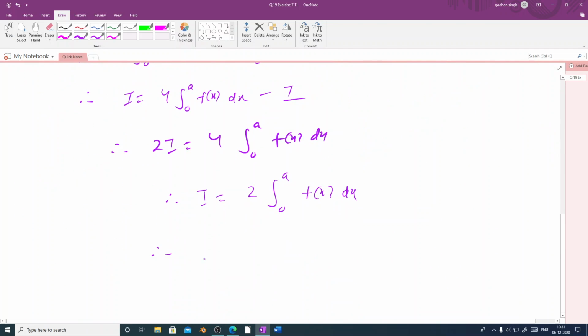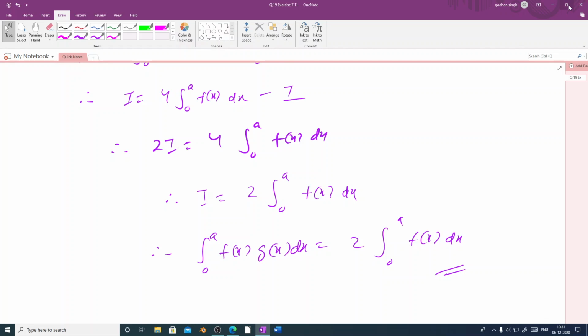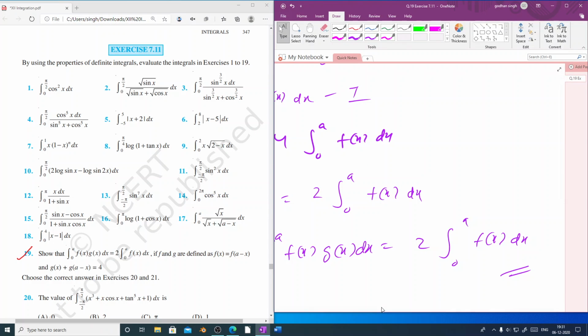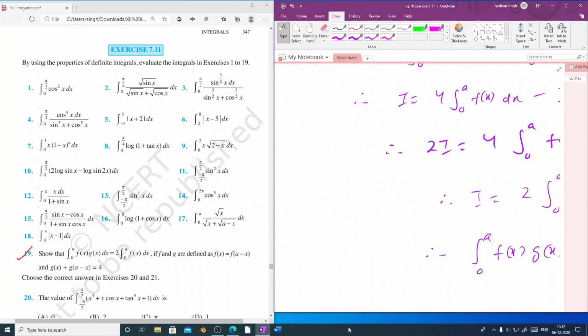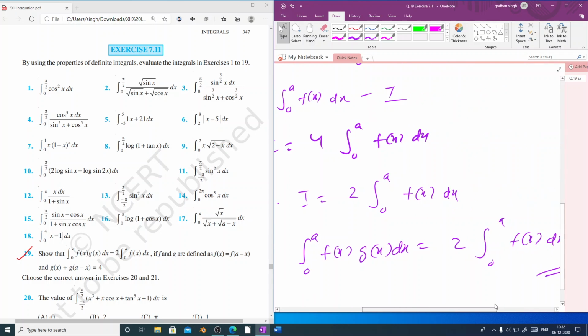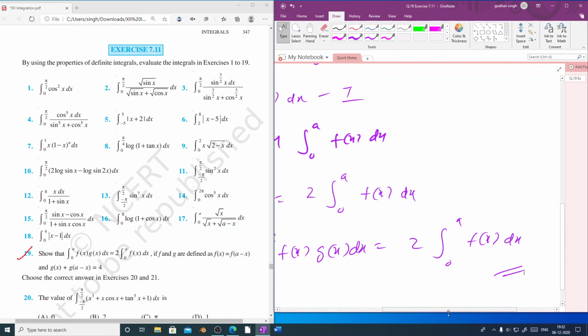Therefore integration of 0 to a f(x) g(x) dx is equal to 2 times 0 to a f(x) dx. So this is the solution of question number 19. With this, question number 19 is complete, and we have got the same thing as required, 2 times 0 to a f(x) dx.